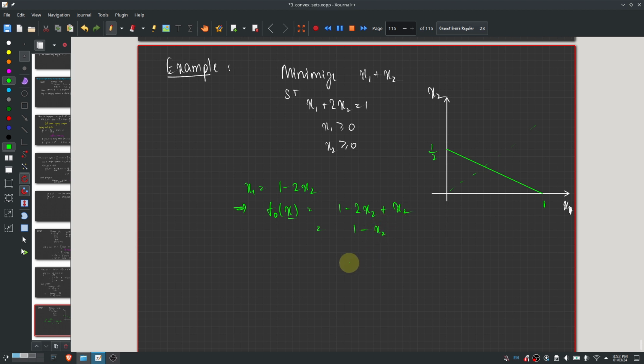Correct? But what values can x2 take? x2 should be greater than or equal to 0, and less than or equal to half, because this is the range over which x2 can vary. And what is the minimum value that this can take? It would be half, correct? So this optimization problem has a solution equal to half. That's your f star.